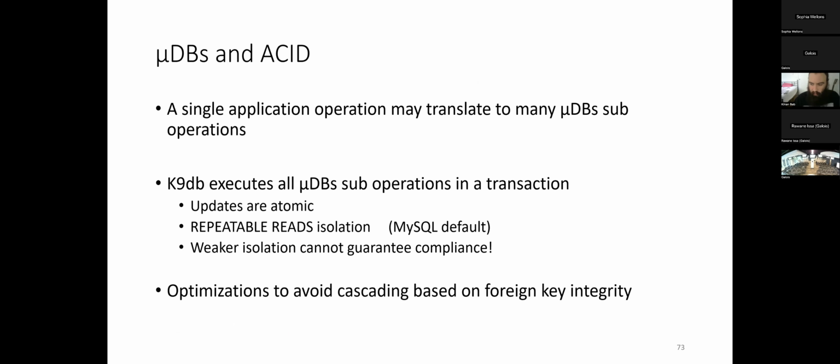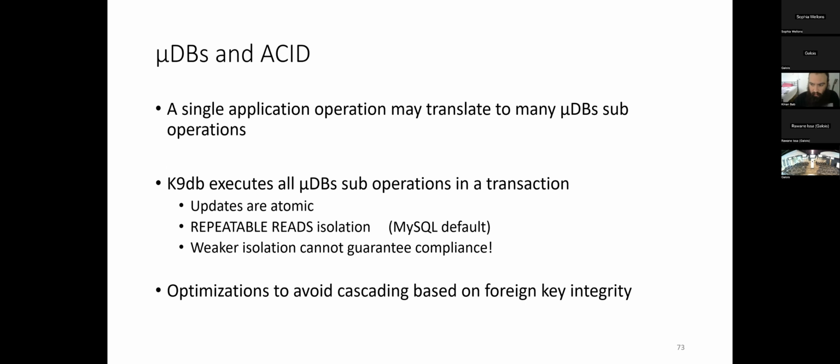In our prototype, these transactions have repeatable reads isolation, which is the default in most SQL databases, such as MySQL. And indeed, we found that any weaker isolation level cannot guarantee compliance, because if you have two transactions occurring concurrently, they might race to modify some data and end up causing data to be orphaned without realizing because of a race condition.